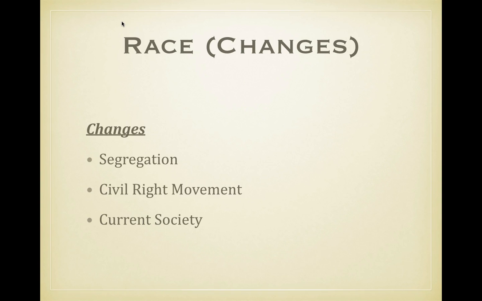Changes were necessary and began in the 1950s and 60s as the black population resisted the laws of segregation and discrimination against them, as their ancestors had resisted their enslavement.